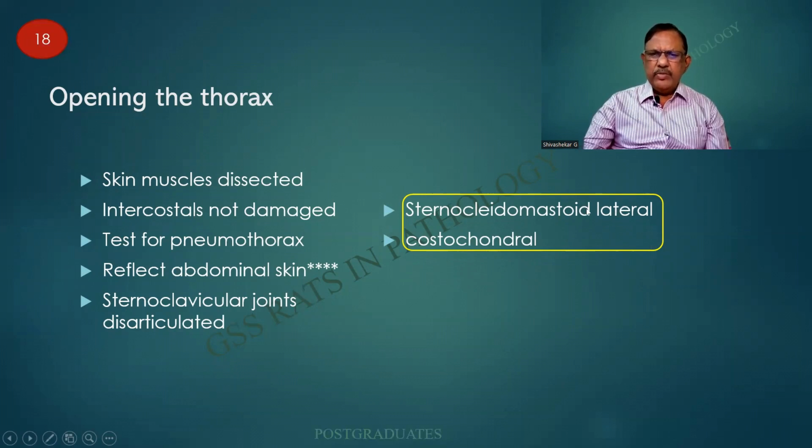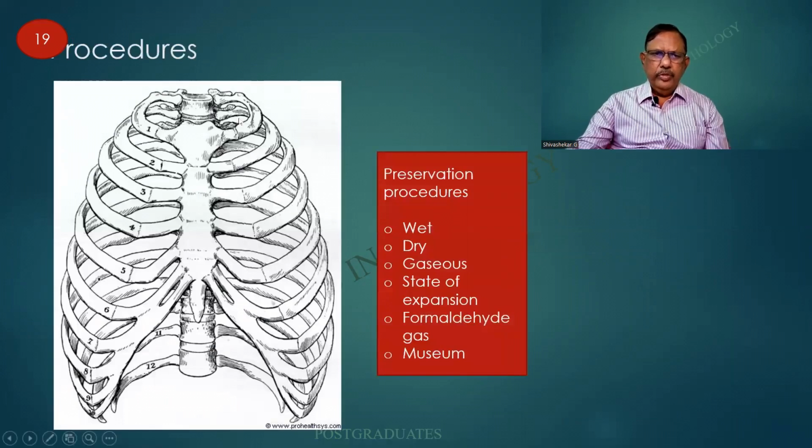The incision starts from there, comes straight down along the costochondral junction. And it done on either side, and you remove that particular flap of the rib cage. This is another incision which you people can memorize and answer. So it starts somewhere in the neck and then comes along the costochondral junction, and this entire rectangular piece is removed.